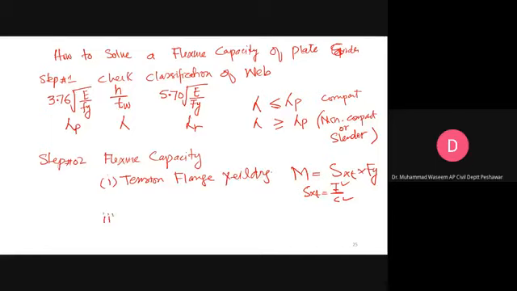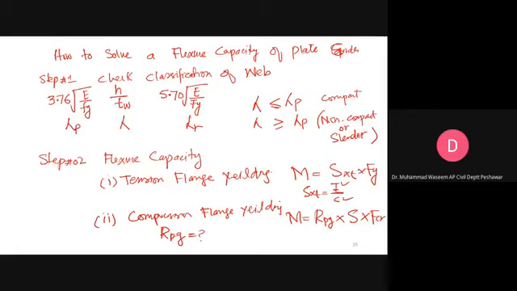The second is compression. For that you have to use this RPG, FCR. You need this, but in order to calculate this, you need this.